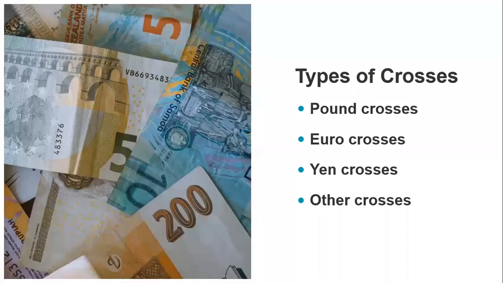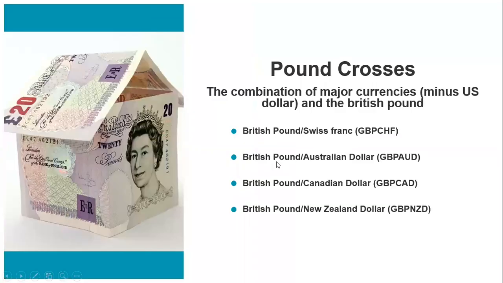The crosses are divided themselves into 4 subgroups. You have the pound crosses, the euro crosses, the yen crosses, and the other crosses. We'll look at them now.